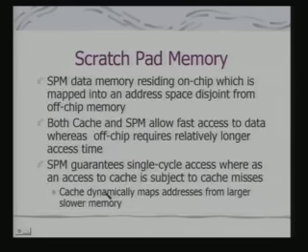So, what is really there for scratch pad memory and what is its distinction with cache? SPM is data memory residing on chip, and it is mapped into an address space which is disjoint from off chip memory.